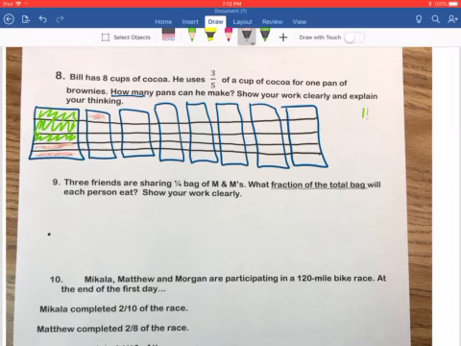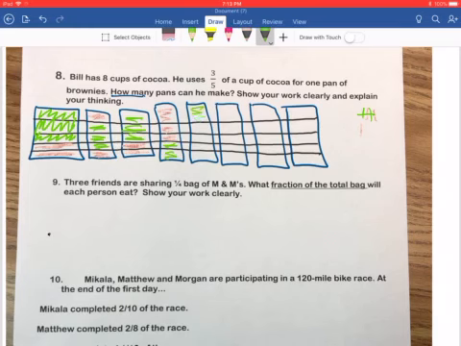There's another one. 1, 2, 3. There's a third. 1, 2, 3. There's a fourth. 1, 2, 3. There's a fifth. 1, 2, 3. There's a sixth.